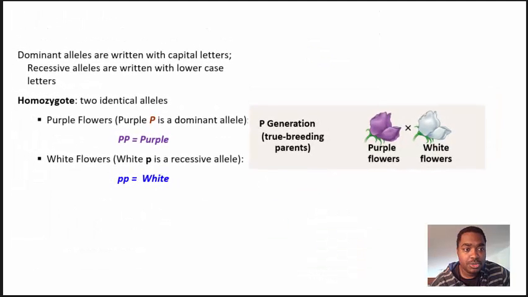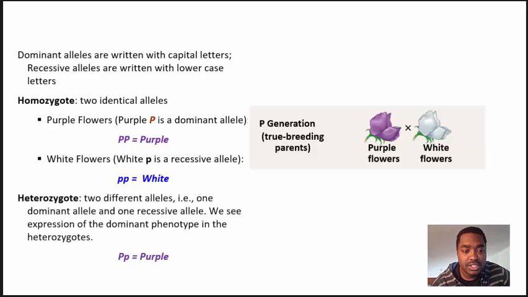So, a little review. Homozygote, you have two identical alleles for a particular trait. It could be true breeding purple, which means you're homozygous dominant. We could be true breeding white, in our example, which means you are homozygous recessive for a particular allele. And when you cross the two, you get hybrids, or you get heterozygous organisms that were purple as well. Why?